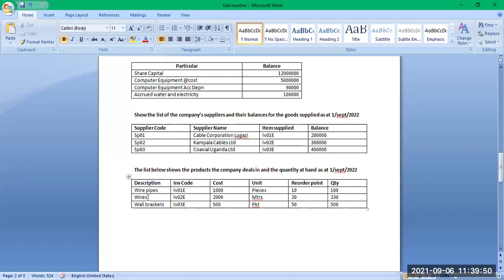So wires have a code that is IV02E. Which supplier? The item is supplied by whom according to the item supplied code. You get? I told you we don't have where to put these codes, but they help us identify the preferred vendors for those items.